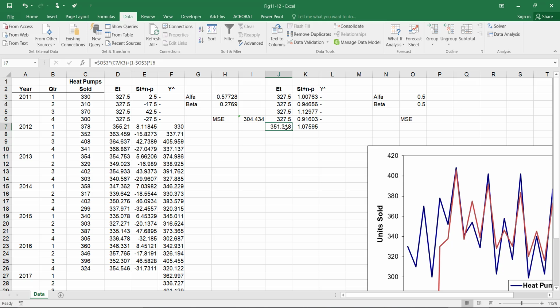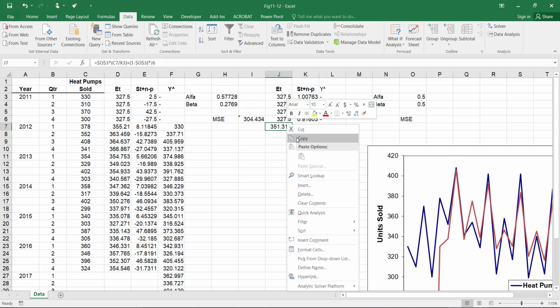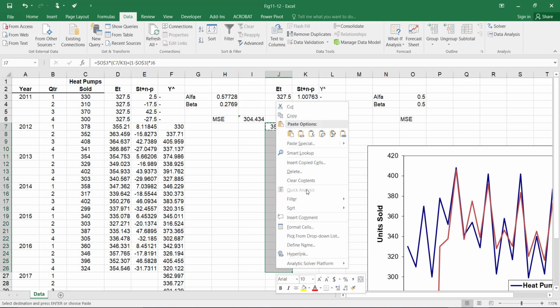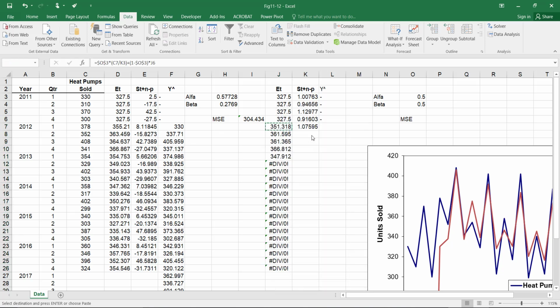So we can use this value for all of the rest of the observations that we have. Let's copy the equation.